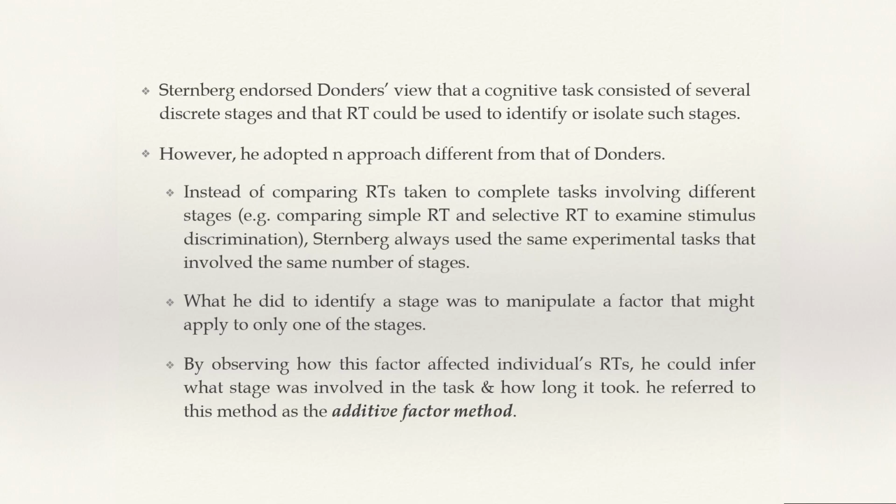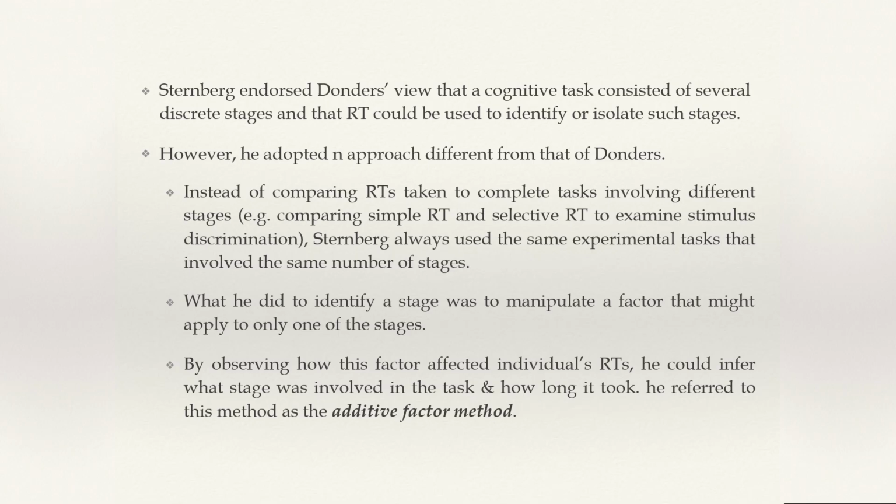Instead of comparing the reaction times to complete tasks involving different stages, Sternberg always used the same experimental task that involved the same number of stages. He said, we will use the same stages. We compare simple reaction time and selective reaction time to examine stimulus discrimination. Let's see how he did it. What he did to identify a given stage was to manipulate a factor that might apply to only one of the stages.